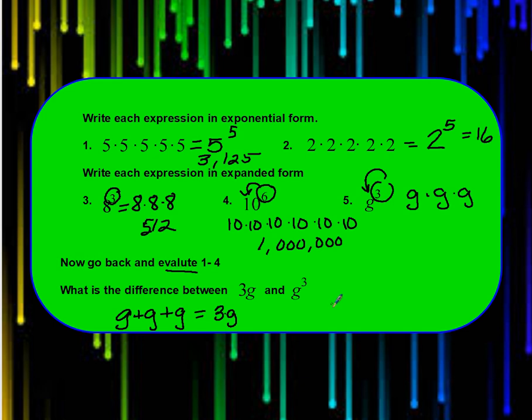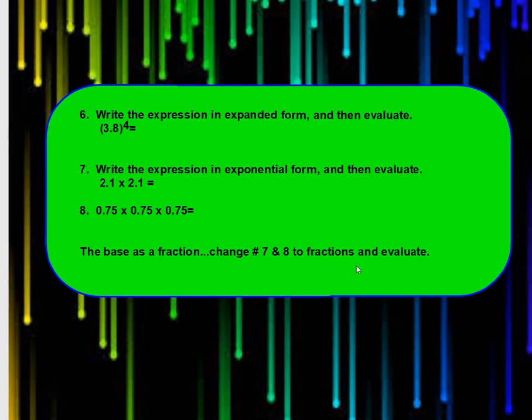Over here, G cubed actually means G times G times G. So one is adding, one is multiplying, completely different.